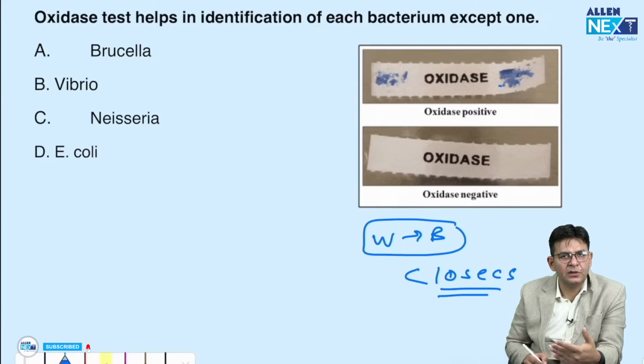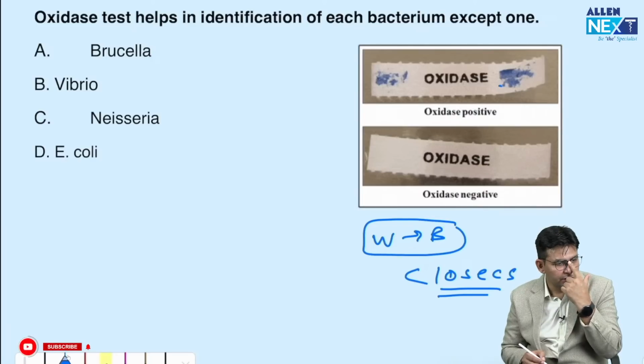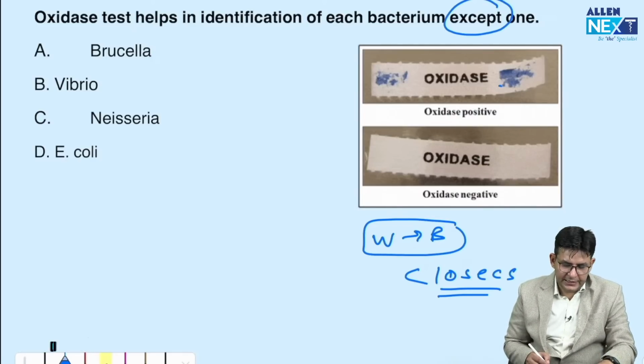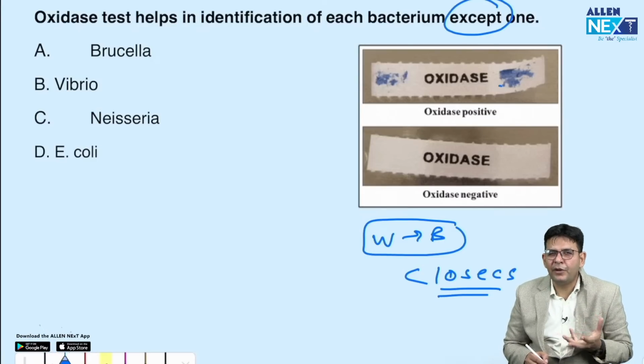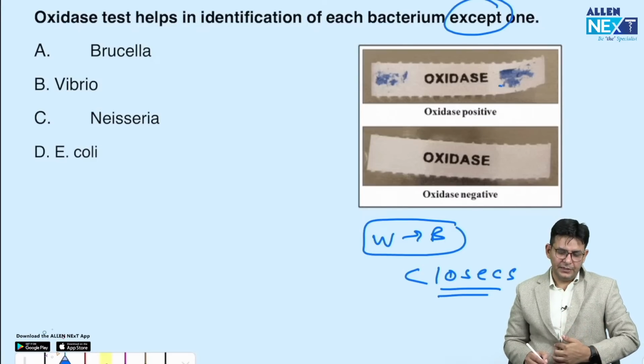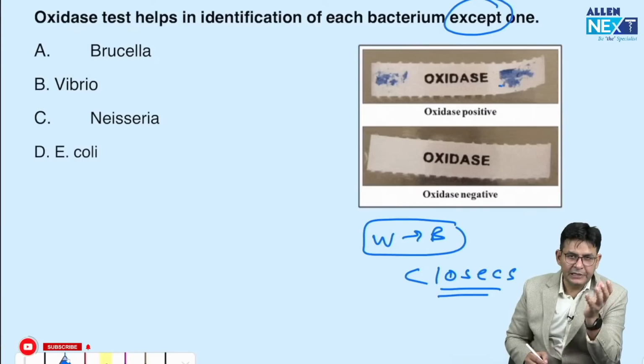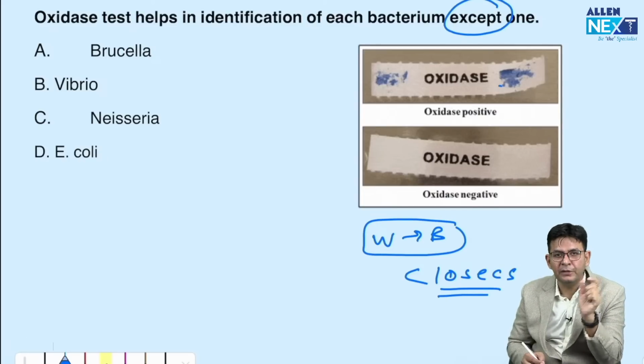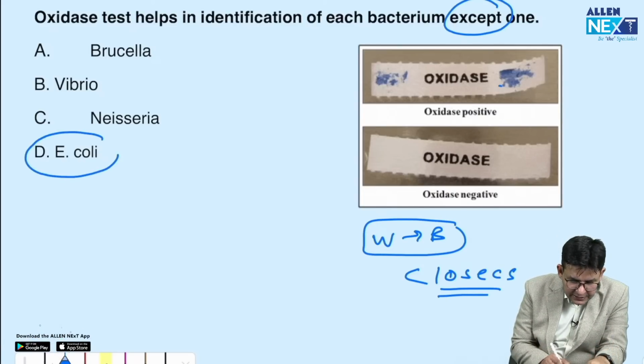This is what is termed as oxidase positive. And the bacteria which we have just gone through are strongly oxidase positive and catalase positive both. So, the answer to this question, can you tell me the except? So guys, this is a slightly tricky question because you need to know a lot of things regarding this. But if you are smart enough to exclude other things, then you can easily exclude E. coli.